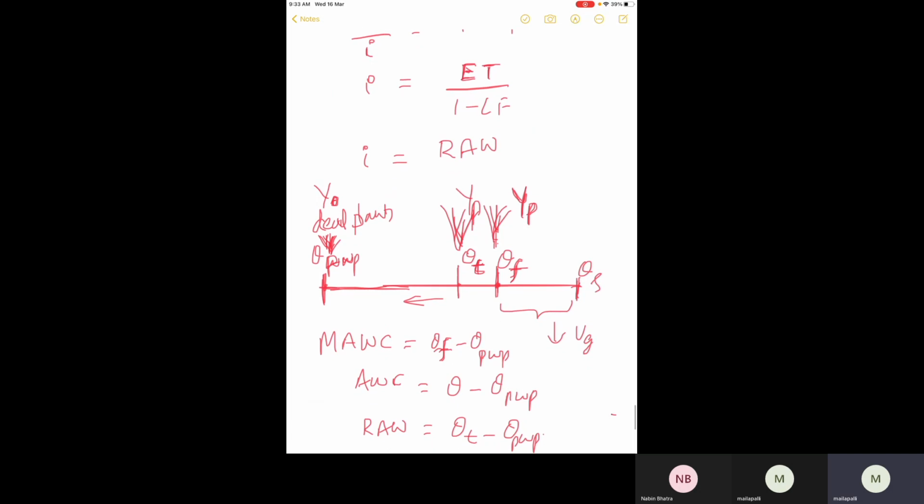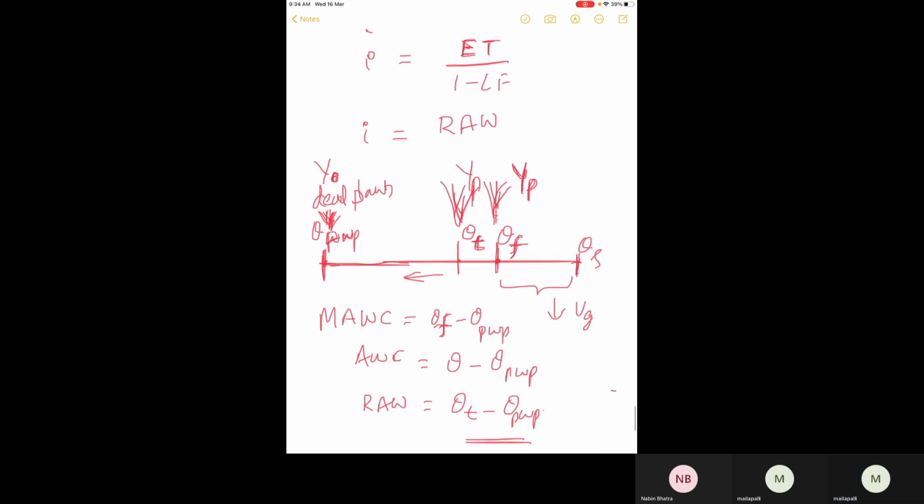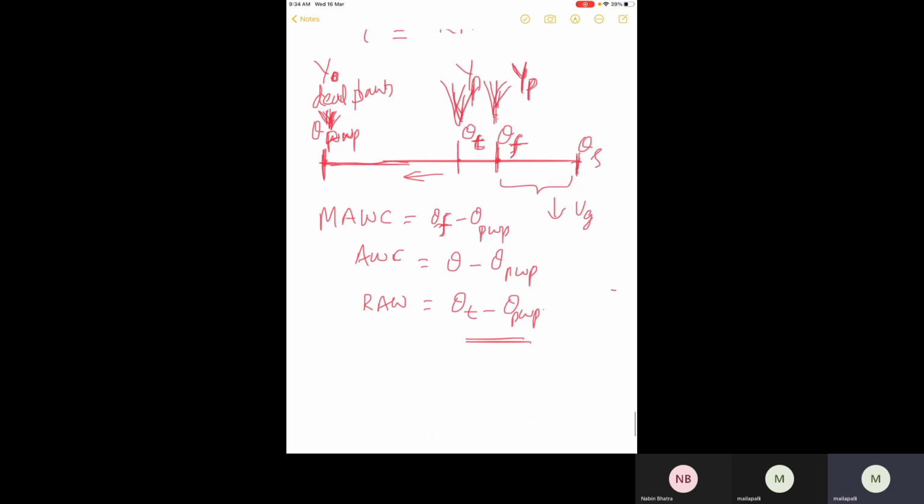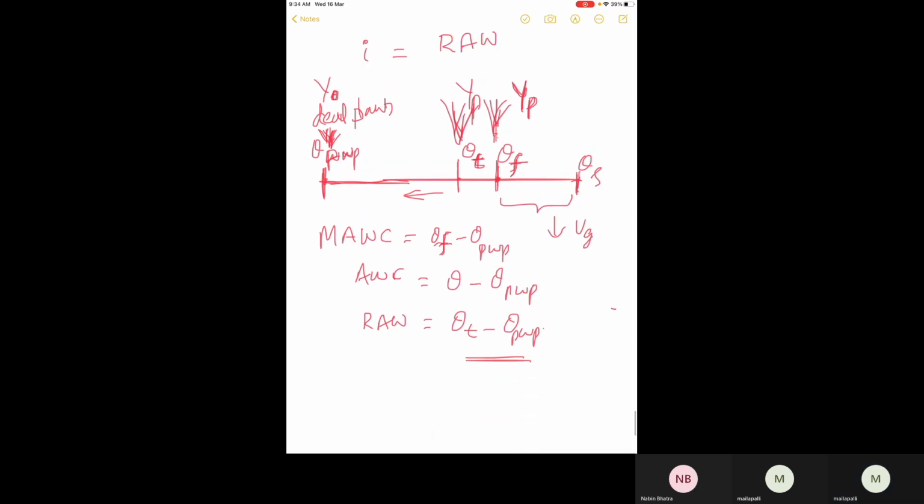That is, I is equal to, I'm going to bring that equation back here. Okay, so I'm sorry.